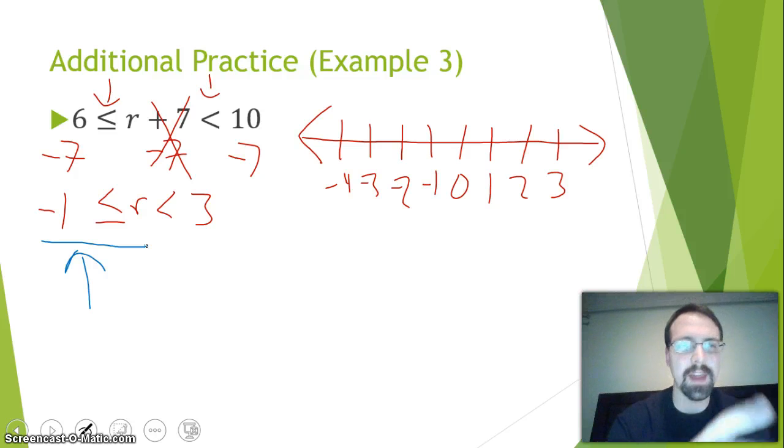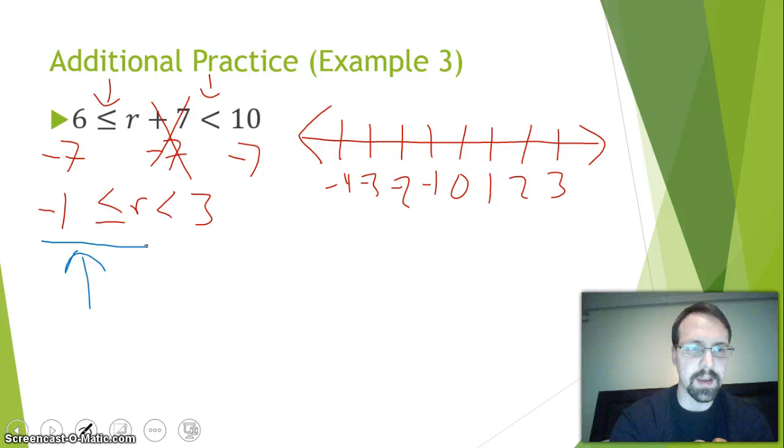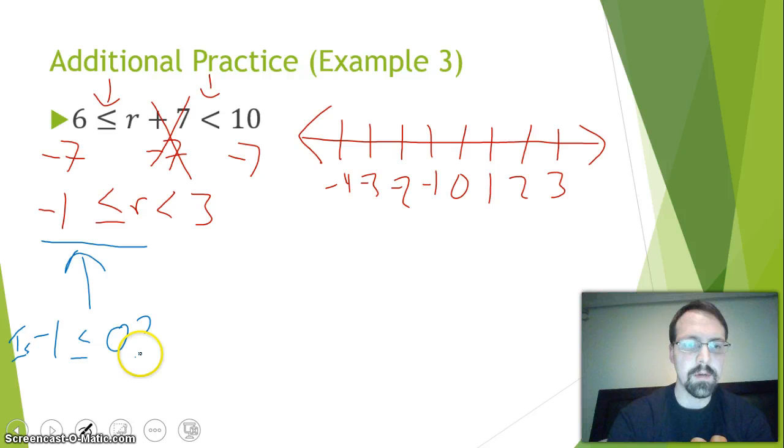If you think of it like that, you've got to flip it around. So if I plug in a test point, let's plug in 0. Is -1 less than or equal to 0 a true statement? Well, -1 is less than 0, so that's true. That means I'm going to be shading this way towards the 0.